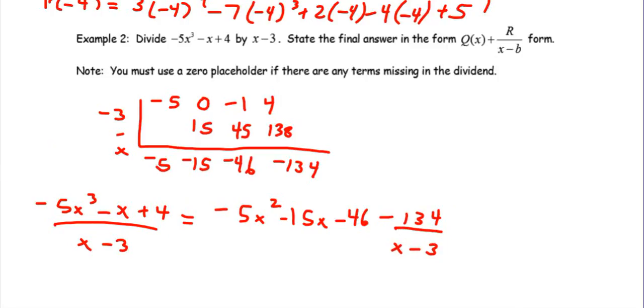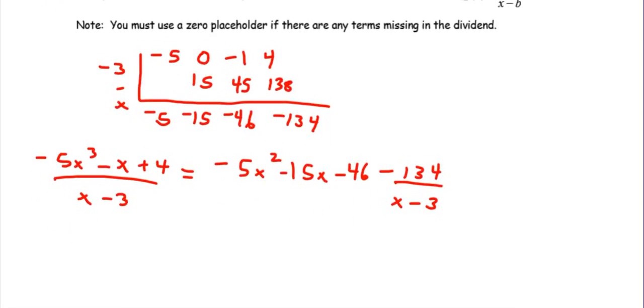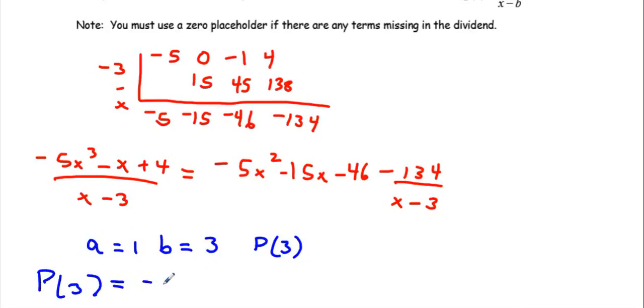Now, for some reason, I'm not feeling too comfortable about that answer. I don't know why. So I am just going to check using the remainder theorem. So if we do that, I'll switch colors, and I'll say my A is 1 and my B is 3. So P of 3 is what I want to find. And so if I'm finding P of 3, I'm going to say minus 5 times 3 cubed minus 3 plus 4.